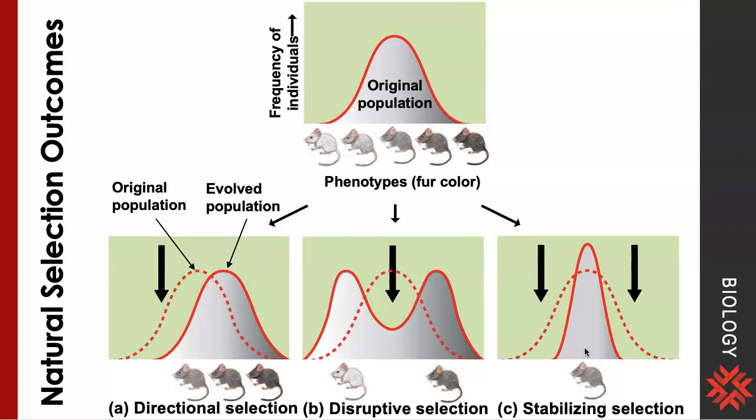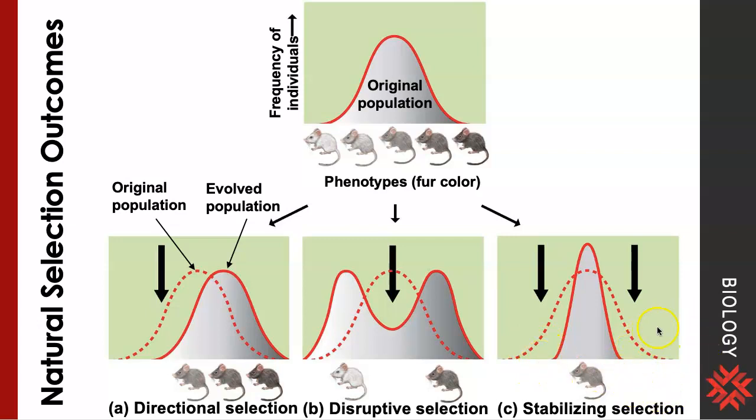Now, for humans, because we have medicine and hospitals, we can kind of intervene on that a little bit to be able to help those with a low birth weight or a high birth weight to be able to survive. But if you think of more natural populations that are giving birth outside of hospitals, something like these mice or any population, then you can see how the same concept would apply, where the mice that are born that are really too small, they're going to have a hard chance of surviving.